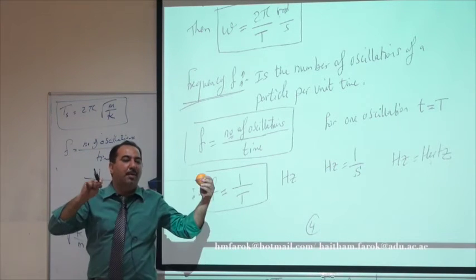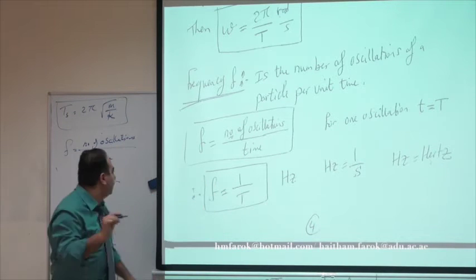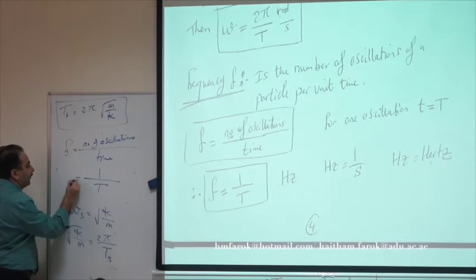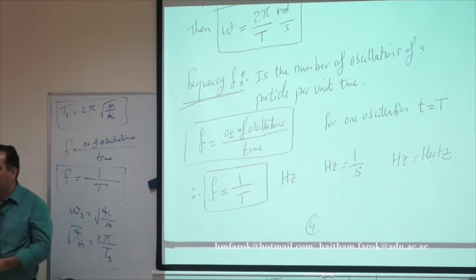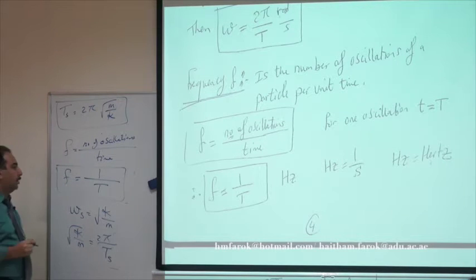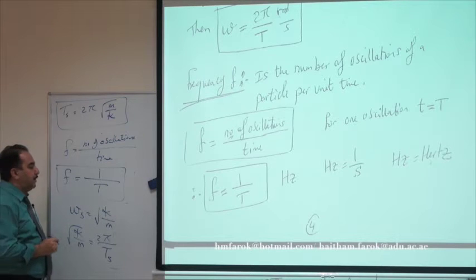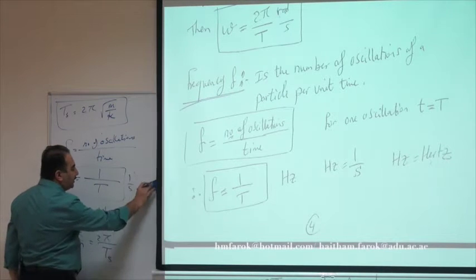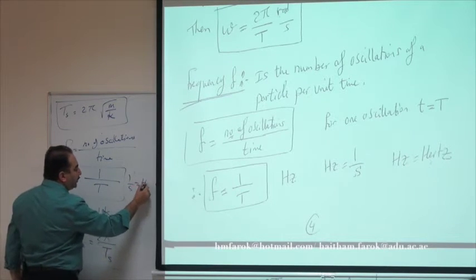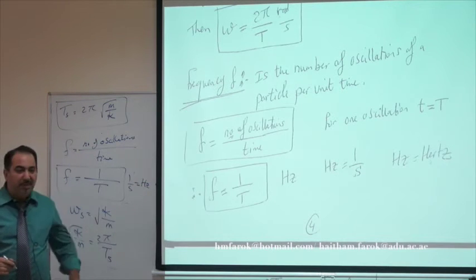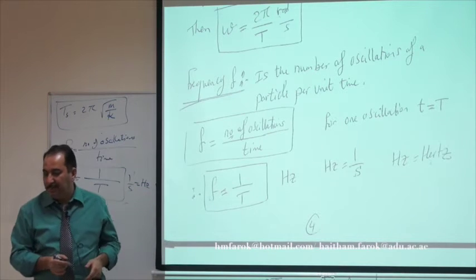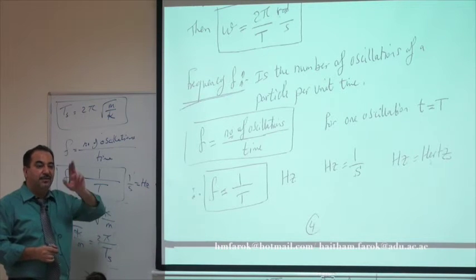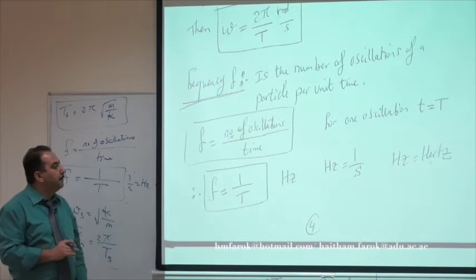Start and back. How much is the time? Period, capital T. So what is the frequency equal to? 1 over T. That's the formula for frequency. What's the unit of frequency? 1 over second, yes? And 1 over second, we call it hertz. Like with the radio frequency, yes? FM, and hertz, megahertz, gigahertz. Number of oscillations of the signal per time.